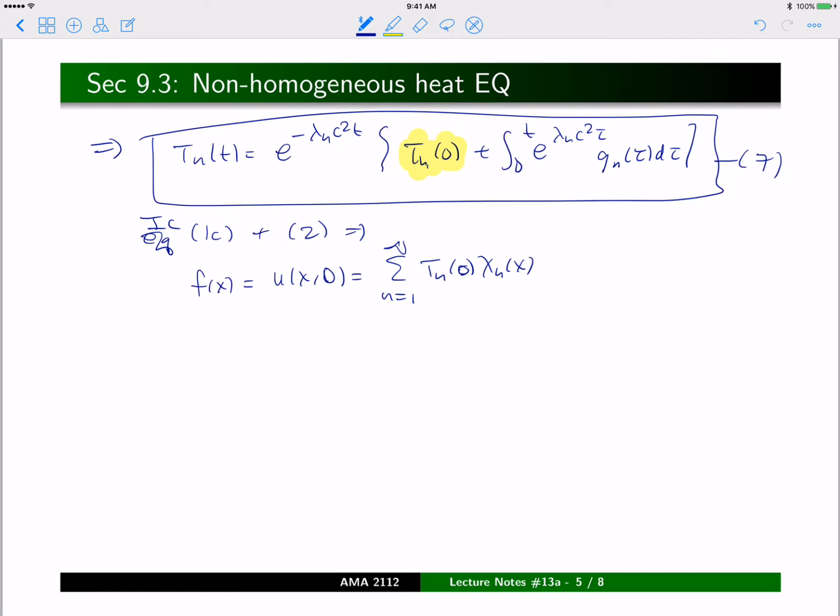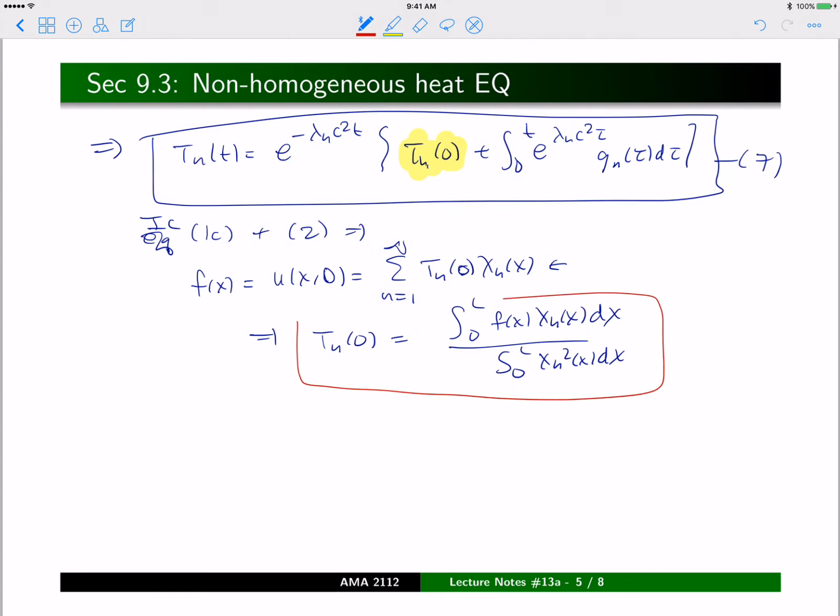So this means that Tn of 0, by generalized eigenfunction expansion, is the integral of f of x Xn of x dx over the integral from 0 to L of Xn squared of x dx, because the eigenfunctions form a complete set. Let's call this 8. So we're done. This is by 1c, this is by 3.